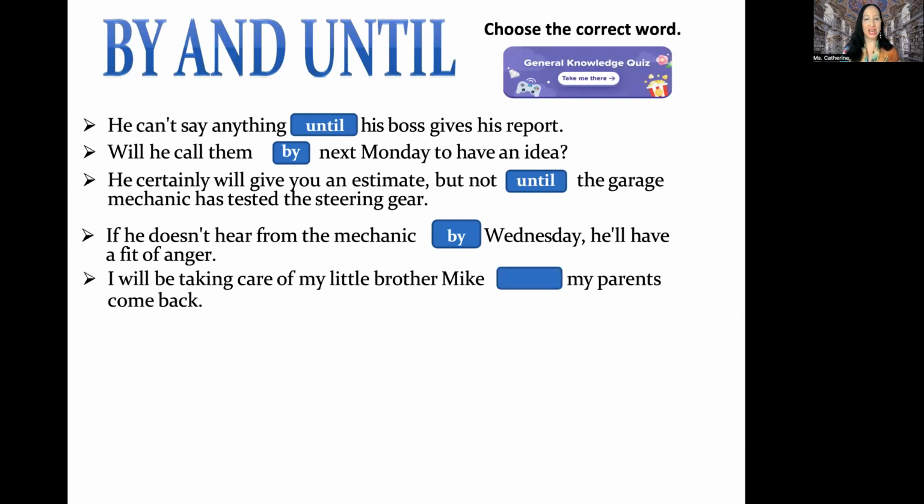I will be taking care of my little brother, Mike, blank my parents come back. I will be taking care of my little brother, Mike, by my parents or until my parents come back. Which one? What question does it answer? That's right, until.